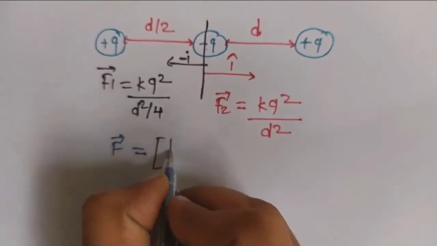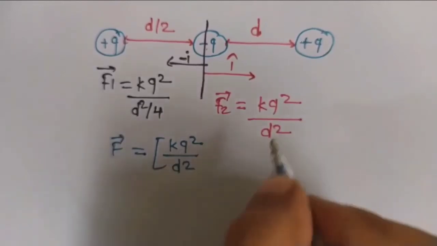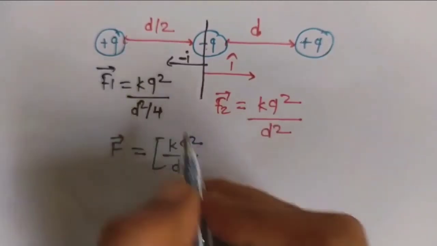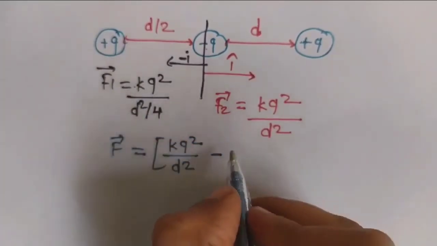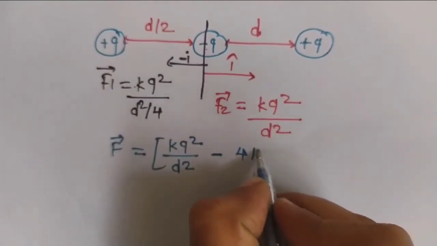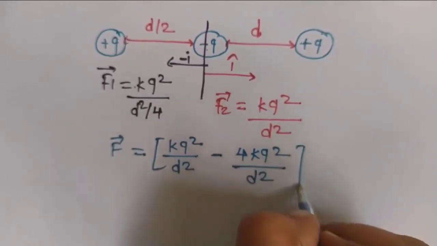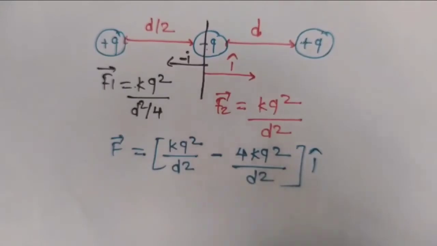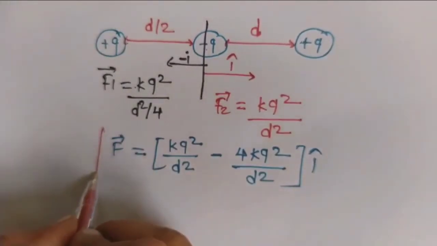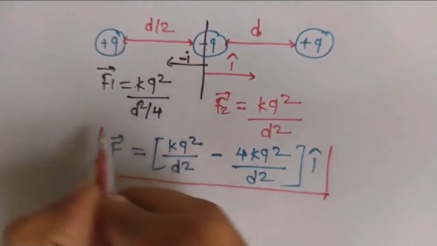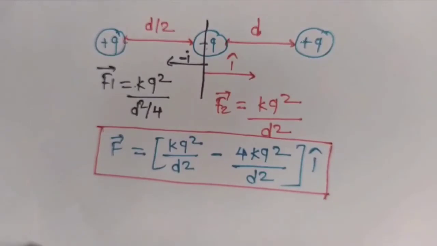F bar is equal to K Q square upon D square minus 4 K Q square upon D square, bracket complete, I cap. This is the net force on the minus Q charge due to the plus Q and another plus Q charge.